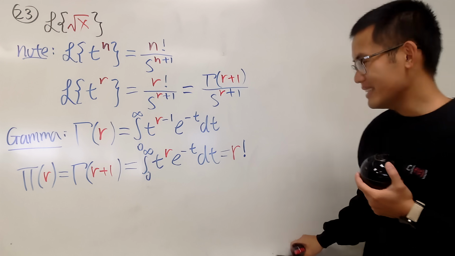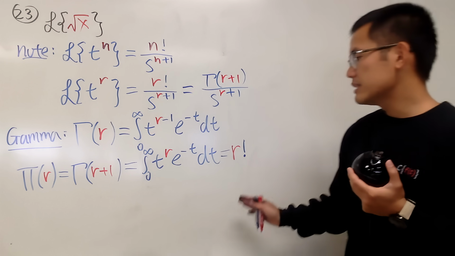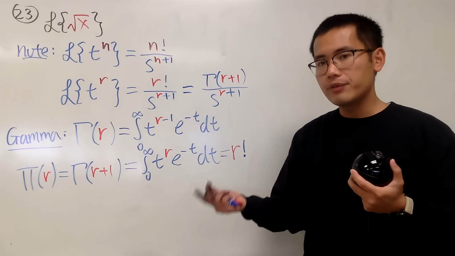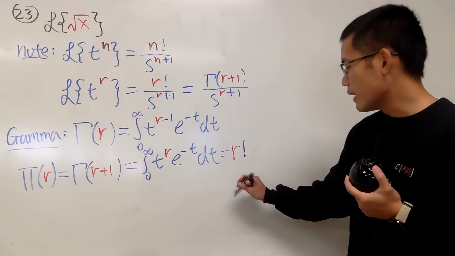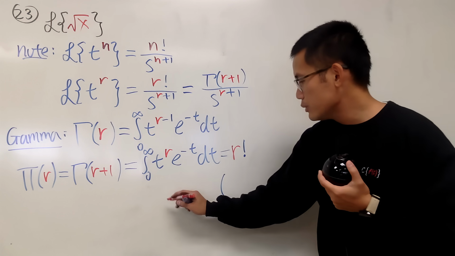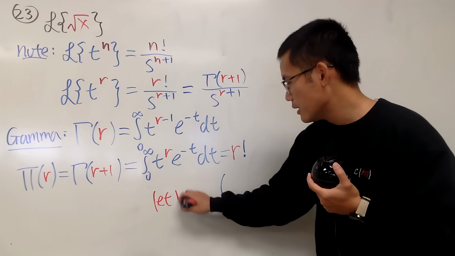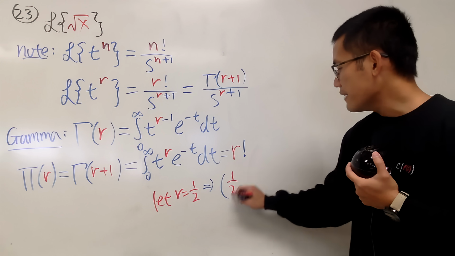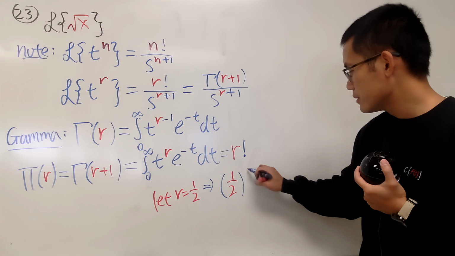Very nice, right? And the best part is that you can use this as your new definition to extend the concept of factorial, and you can end up with the following. If you have r is equal to 1/2, right? Then you get 1/2 factorial.